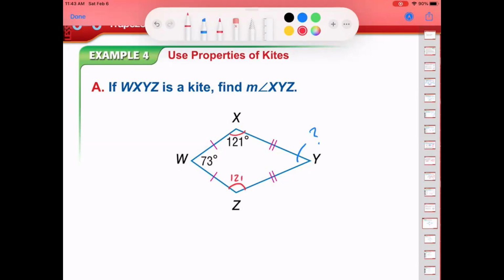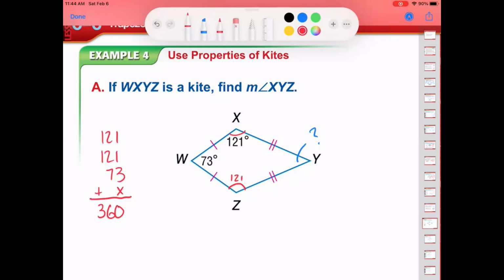Now, I also know all 4 angles added together are going to be 360. So I know if I add 121 plus 121 plus 73 plus X, I'm going to get 360.